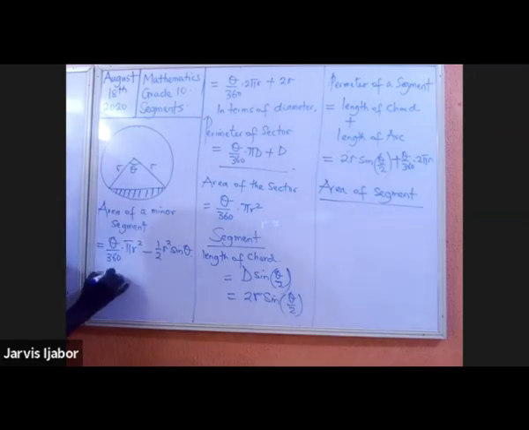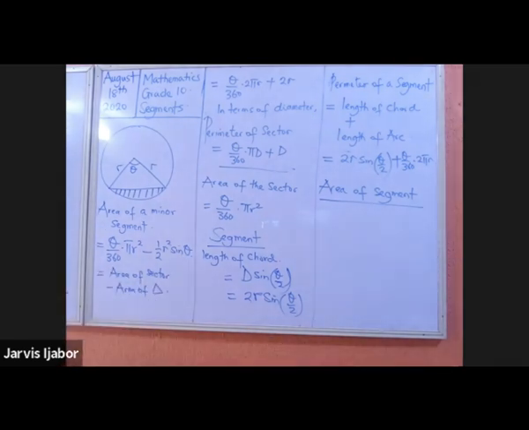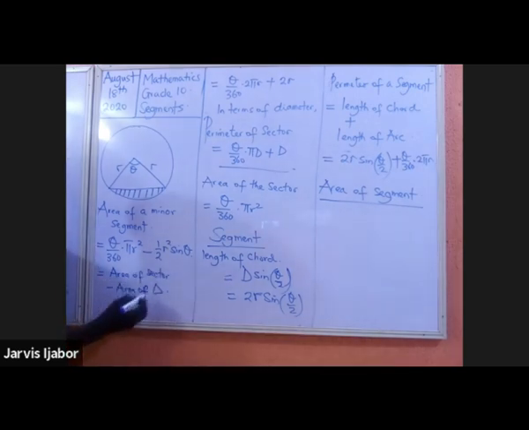So area of sector minus area of triangle. Okay, I see that: area of sector minus area of triangle. So that's what this one is going to be.